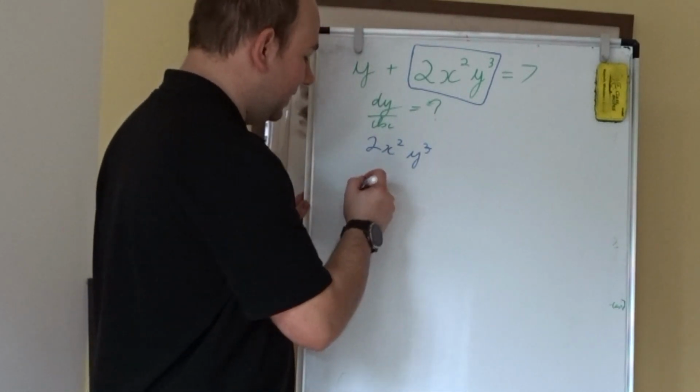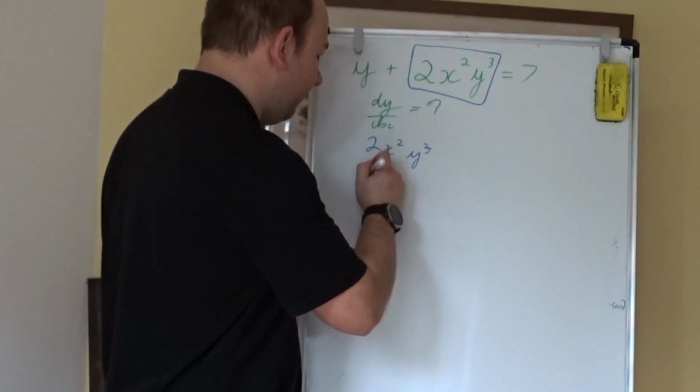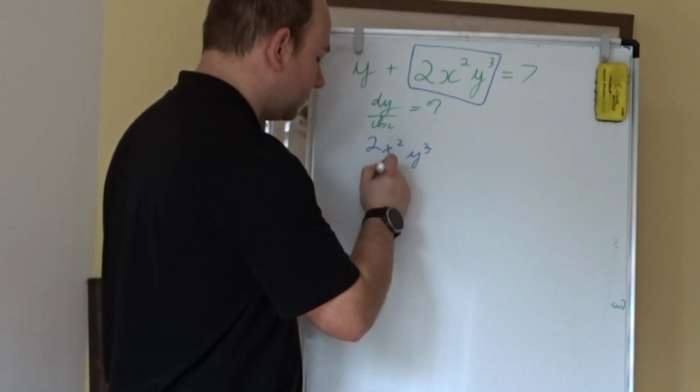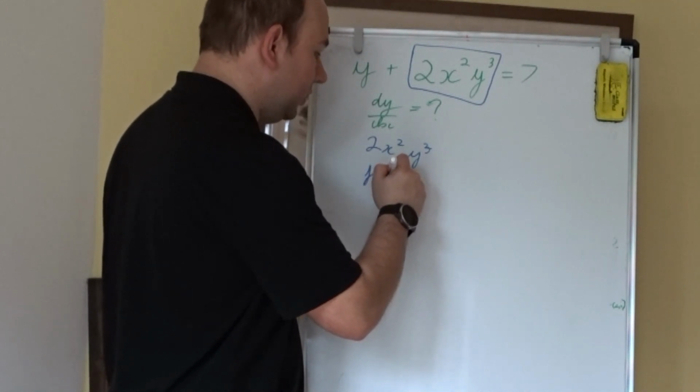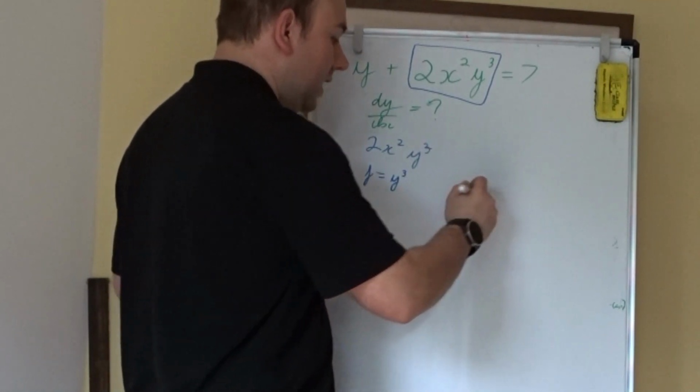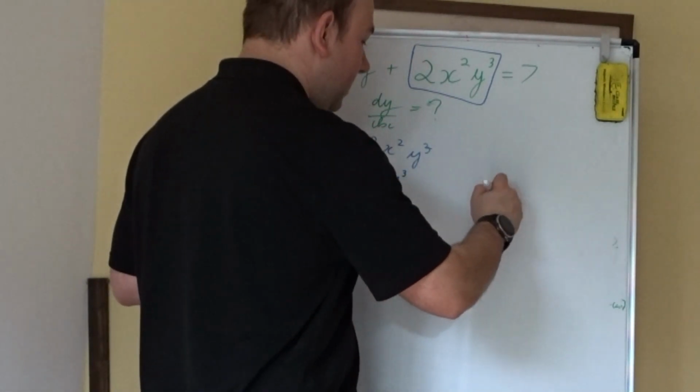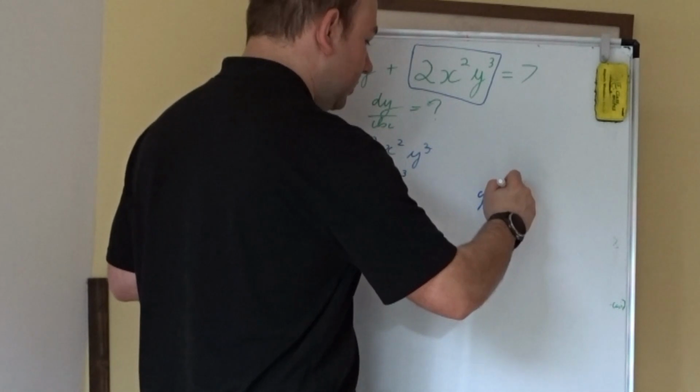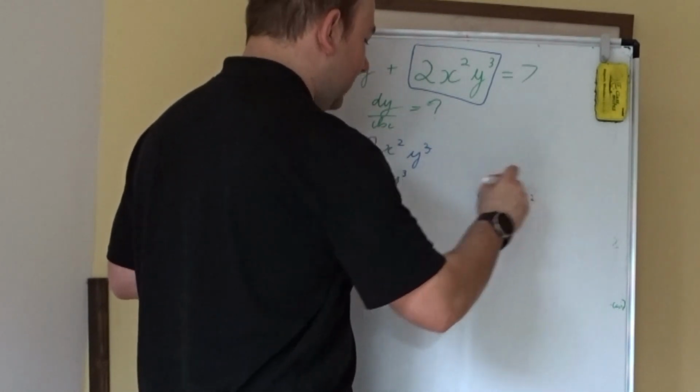Let's say that f is equal to y cubed, and let's say that g is equal to 2x squared.